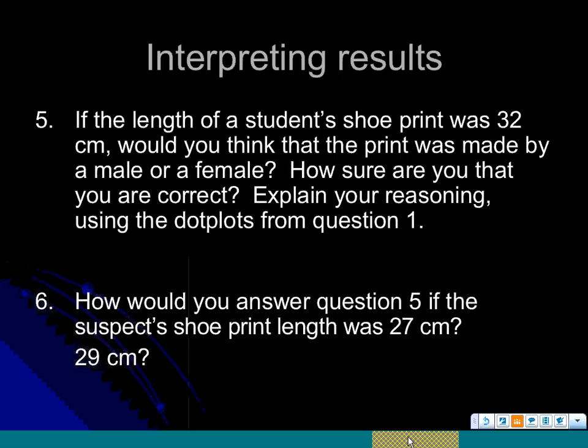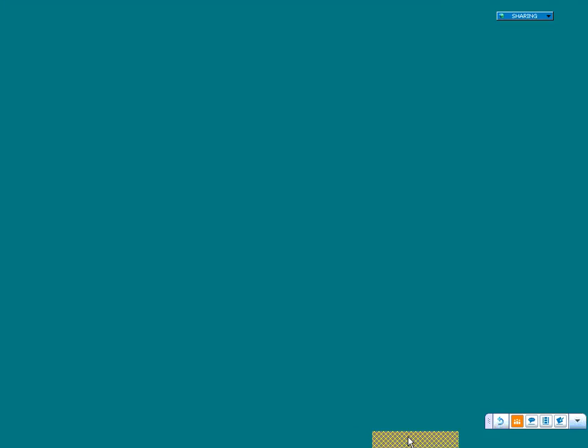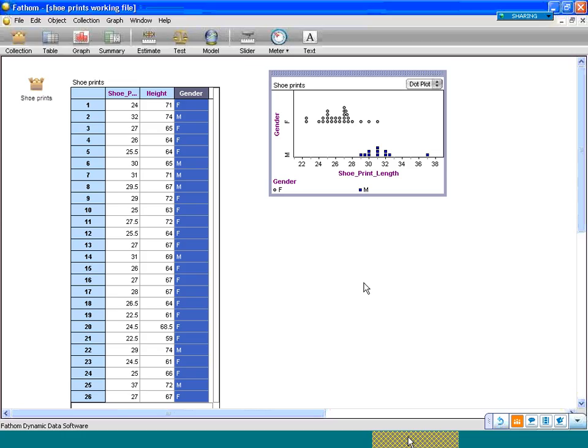The first question, question 5, is about if the suspect's shoe length happened to be 32 centimeters, and the second question is about if the suspect's shoe print length was somewhat shorter. Keep those in mind, and we're going to take you back to the Fathom file.